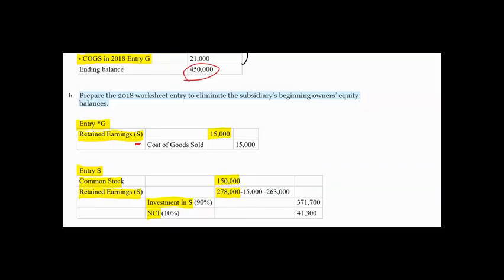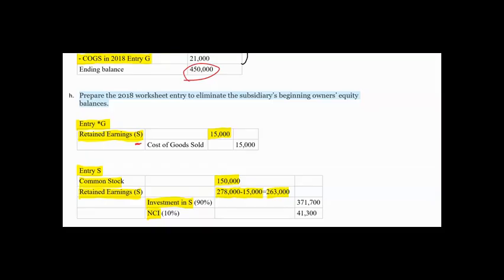The debit to retained earnings means that we are going to reduce the balance of the subsidiary's retained earnings by 15,000. That's why we subtract 15,000 from the original unadjusted beginning balance to get 263,000.